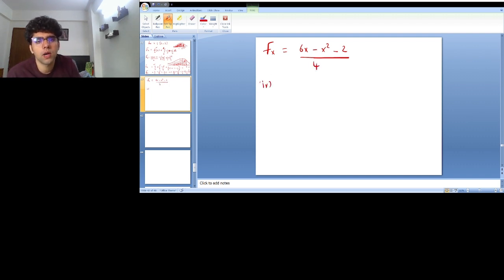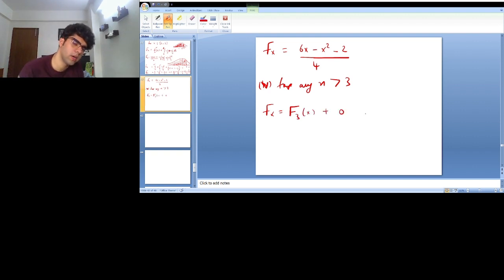Now the fifth part, for any x greater than 3, our probability will be f of 3, and we don't have any PDF here, so we can just write 0.